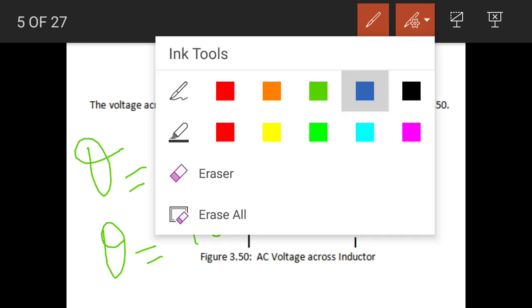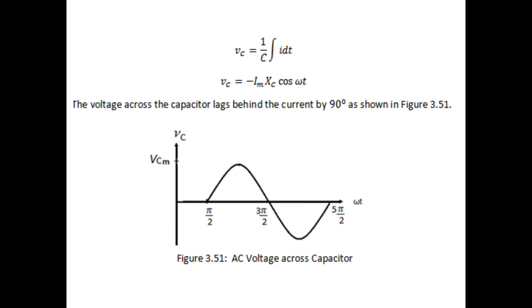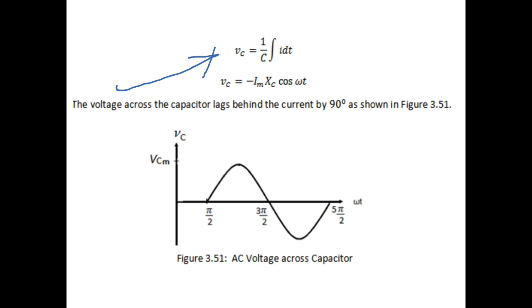Now we are going to discuss the AC voltage across the capacitor. We can find out the AC voltage across the capacitor with the help of this particular equation. So the voltage across the capacitor is equal to 1 over C, the integral of I dt.